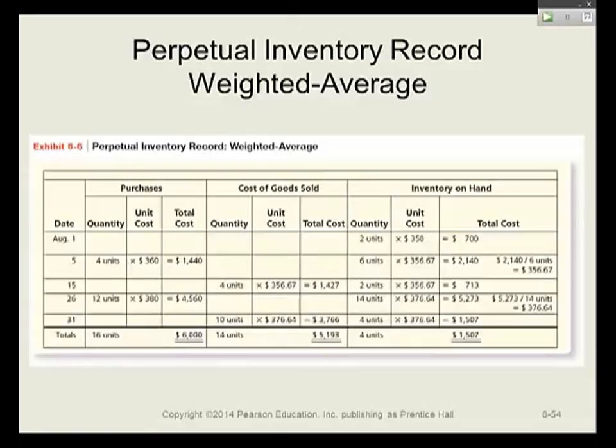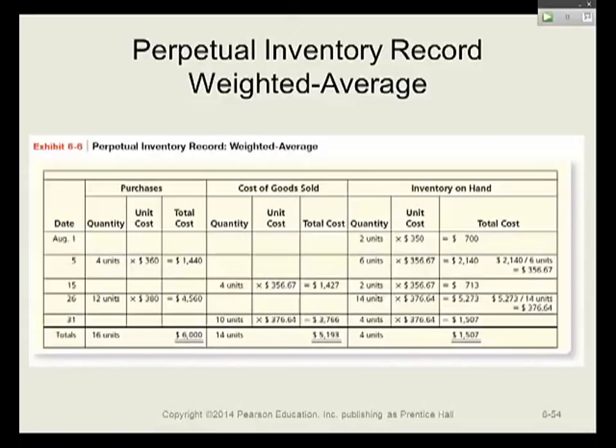Now once again, the total, $51.93 and $15.07, is going to be your $6,700 that you've been working with all the way through. So if you look at our last method, the average cost has $51.93 and $15.07.